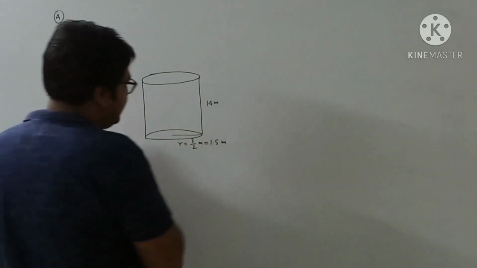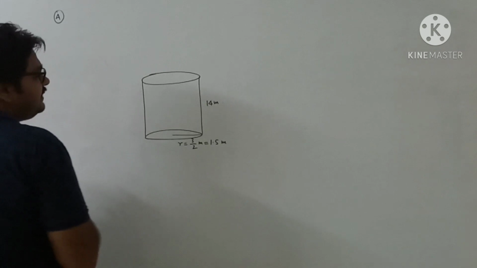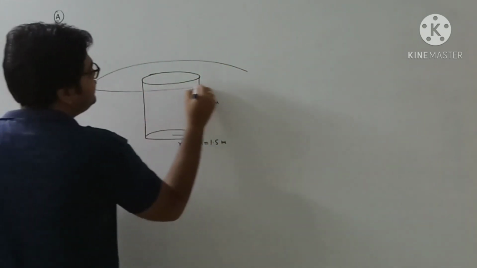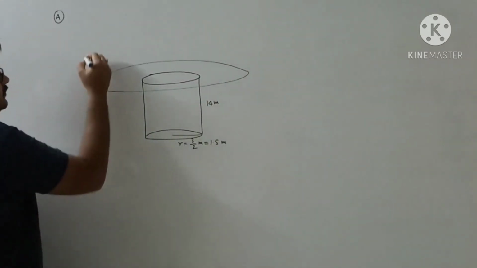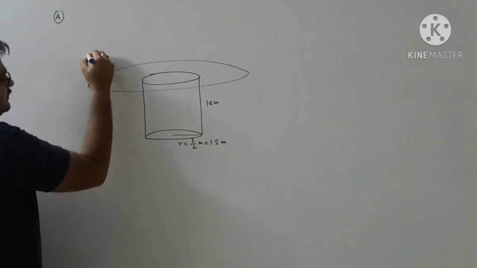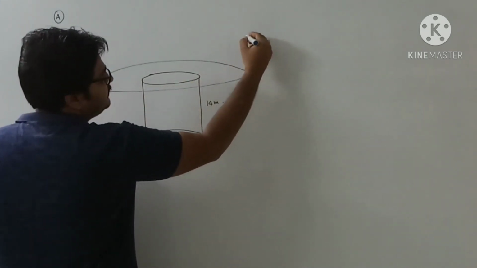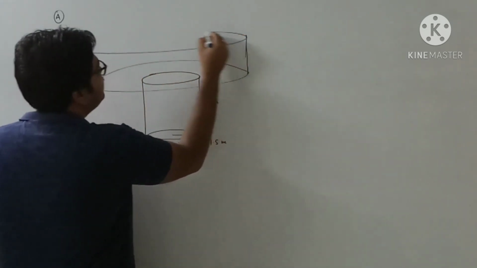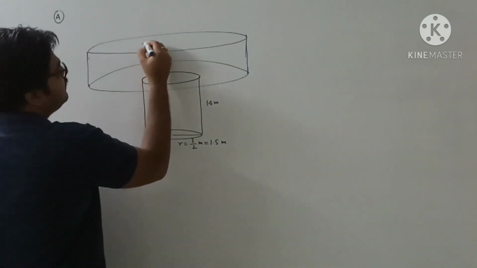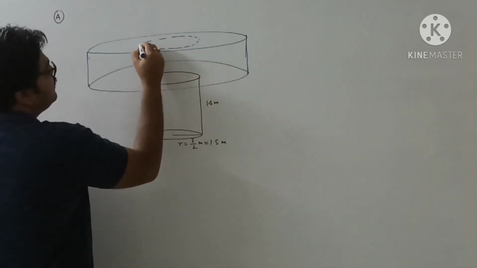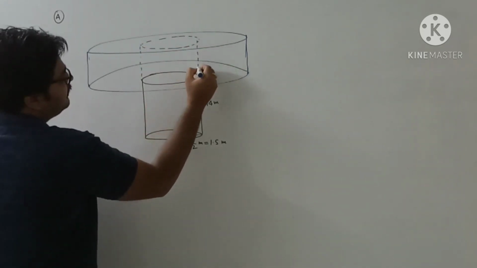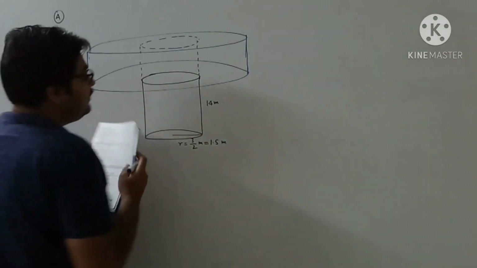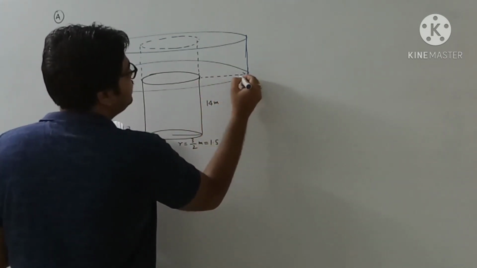Okay. So what has been done? The earth dug out has been spread evenly all around it to form an embankment. And the width has been given as 4 meter.